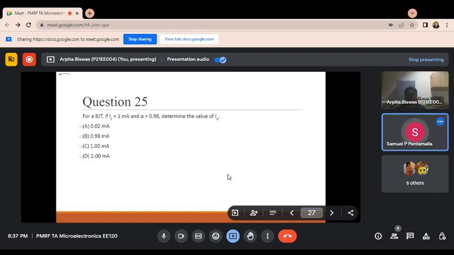Answer A, madam. Please explain how you have solved this question. Here IE is given and alpha is given. What is alpha here? Someone? 0.98, madam. How have you calculated IB as 0.98?